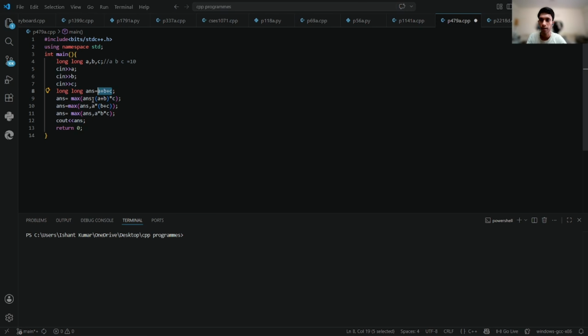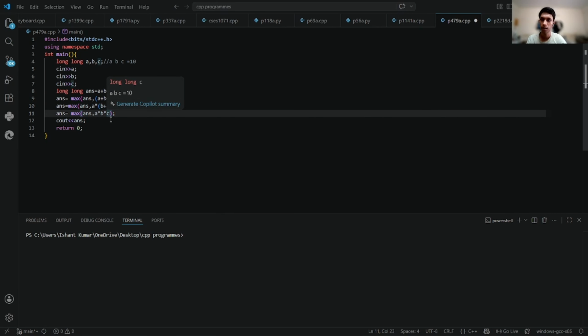Here, the value of answer is the value of this addition. So I'm comparing this value with the next case, which is this one. Similarly, here the value of answer will be the maximum value out of the first and second case. And in the third case, I'll be comparing the maximum value of those two to the third one.